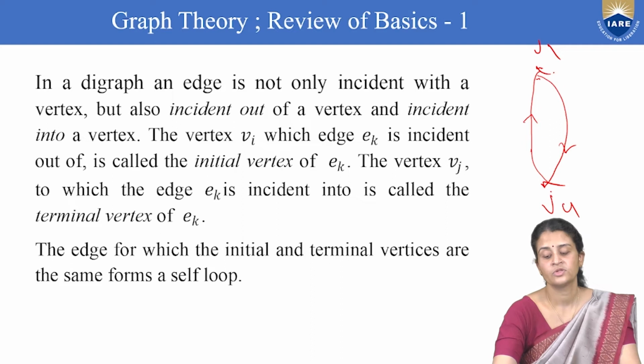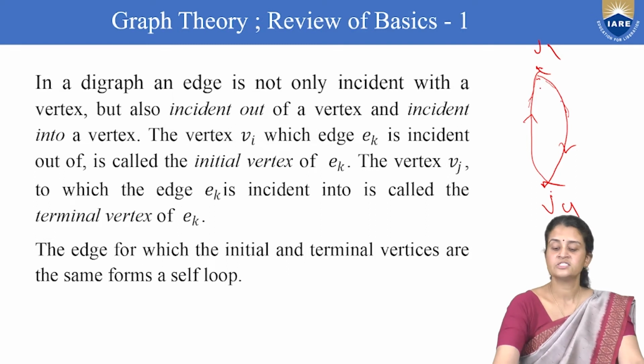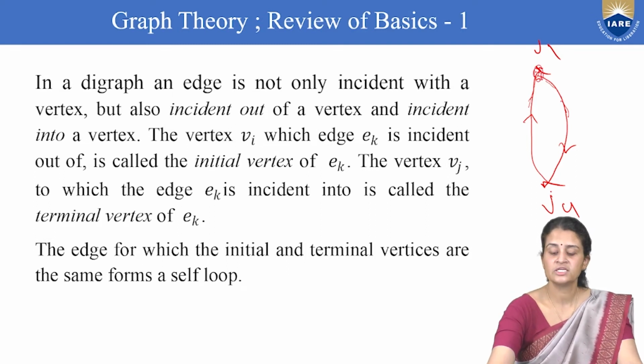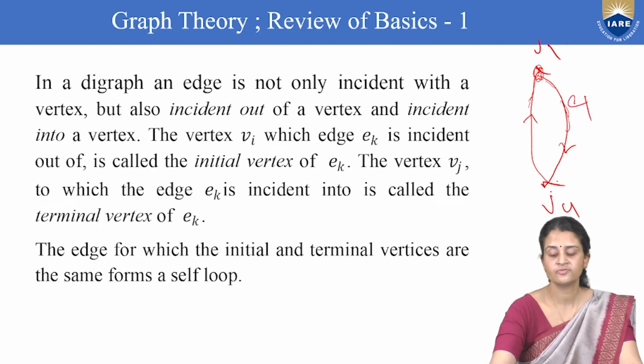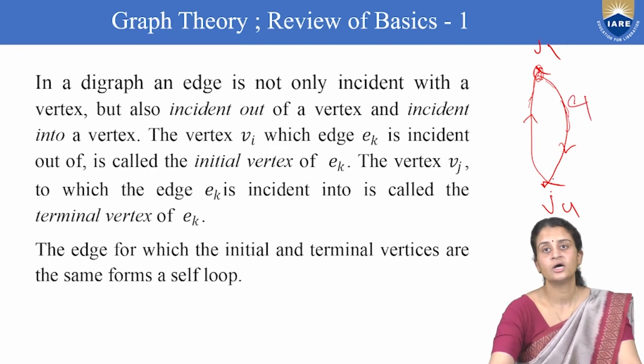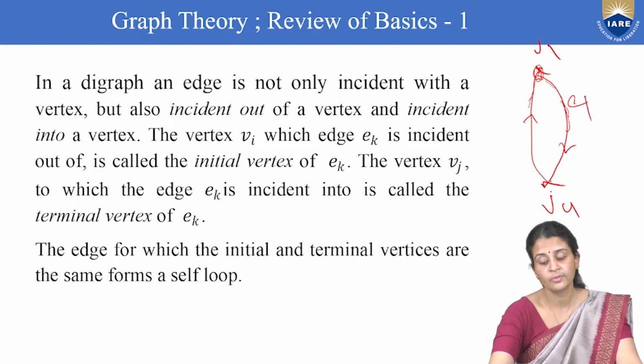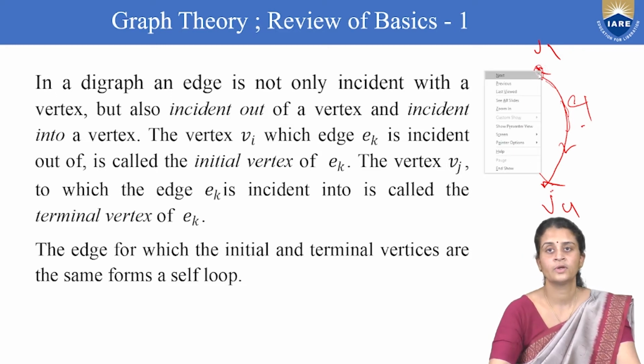This V1 is said to be the initial point of this edge E1, and this V4 is the terminal vertex of this edge E1. And for this edge E2, V4 is the initial vertex and V1 is the terminal vertex.